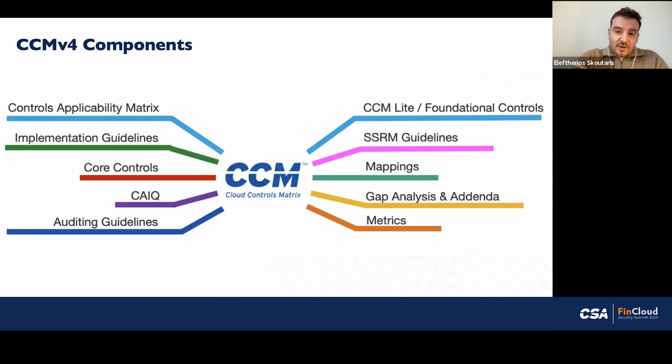And another also important component to the CCM, linking it back to the alignment that we spoke earlier on, is the mapping activities that we conduct to align the controls of the standard to other frameworks. We conduct that, and we produce alongside the mappings also a gap analysis and addendum for those controls, right?